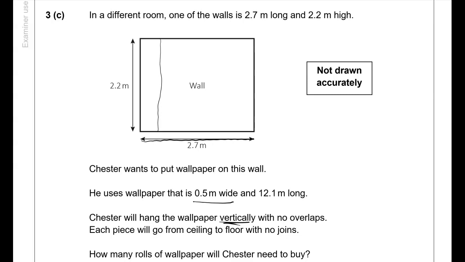So how many half meters would fit in there? So there we have 1, and another one would make 1 meter. 1.5, 2, 2.5, and this is close to 3 meters. So we're looking at 6 strips like this.